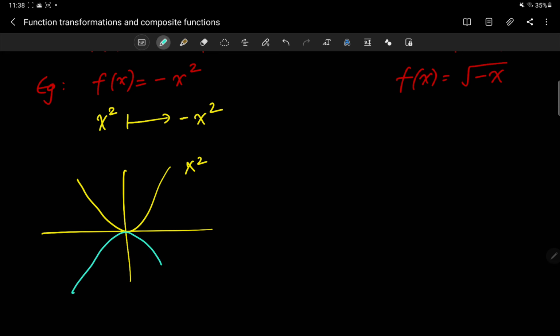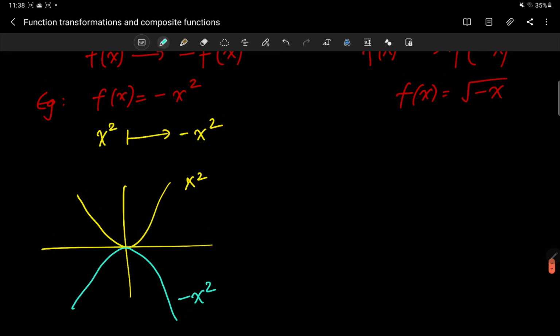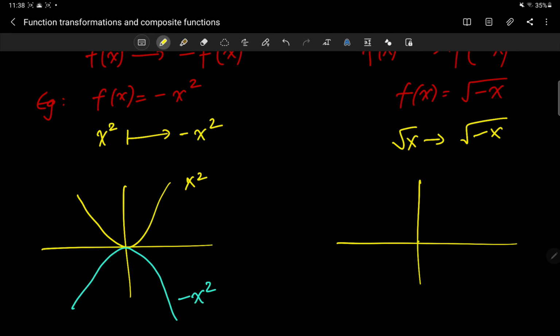So reflecting about the x-axis gives you that. Similarly, in the second case, you start with square root of x and then you make it square root of negative x. Square root of x, we've seen, looks like that. Now changing x to negative x is a reflection around the y-axis. So that would be square root of negative x.